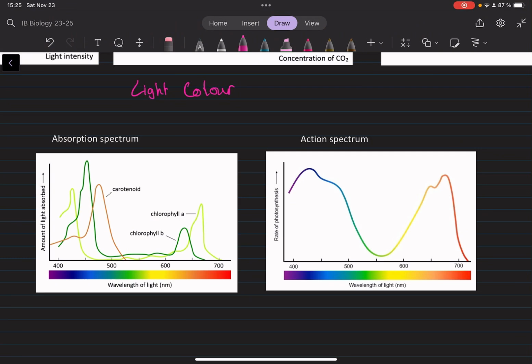So, when we see color, we see what colors are being reflected and what colors are being absorbed, we can kind of figure out.